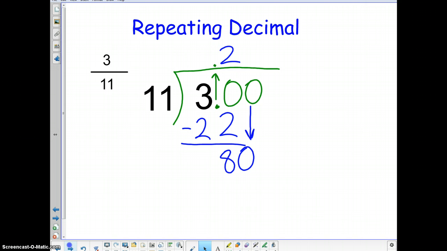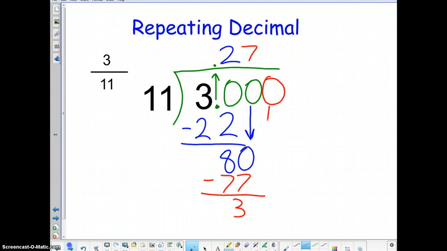And we say, how many times does 11 go into 88? Or how many times does 11 go into 80? Sorry. 11 goes into 80 7 times. 7 times 11 gives you 77. Minus those, we get 3. Okay?